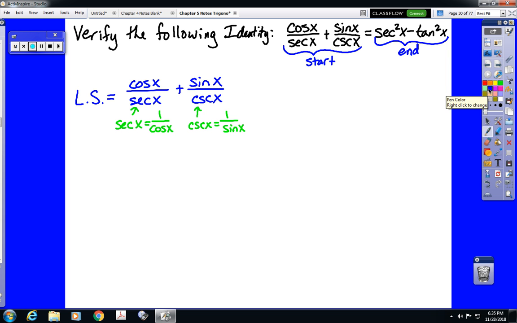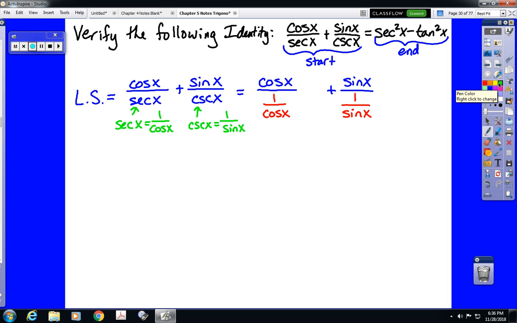So that will give us cosine x over 1 over cosine x plus, and you'll notice I left myself some work room, sine x over 1 over sine x. Oops, I want to put that in red, don't I? There we go.